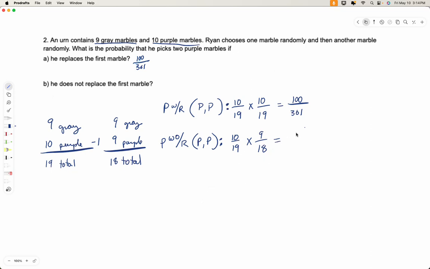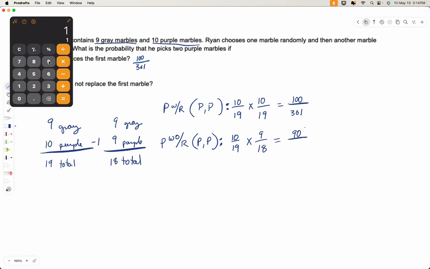So 10 times 9 is going to be 90. And then 19 times 18, I don't know what that is. That's 342. Pretty confident that I can reduce this down by 9. So that would be 90 divided by 9 is 10.